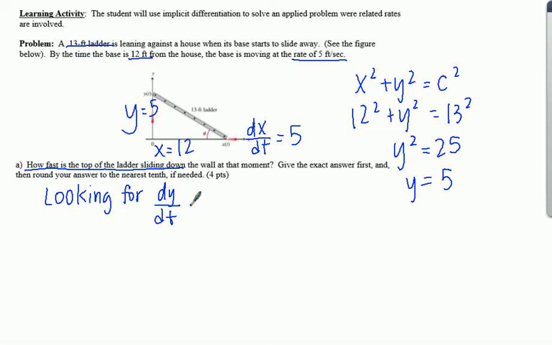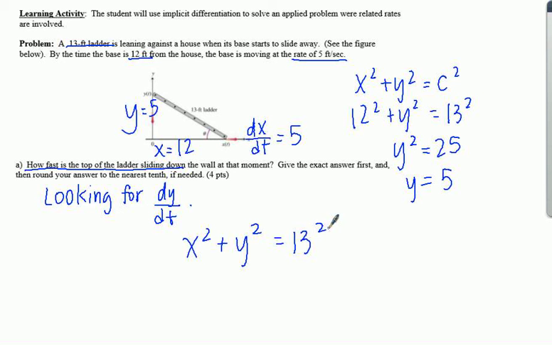Okay, so now since we need the rate of change of y with respect to t, we're going to first set up an equation that relates x and y. We're actually going to use the Pythagorean theorem again. Set up the equation: x squared plus y squared equals 13 squared.